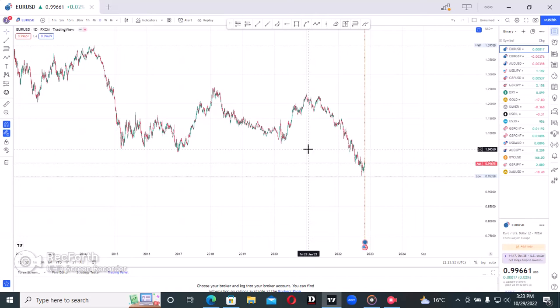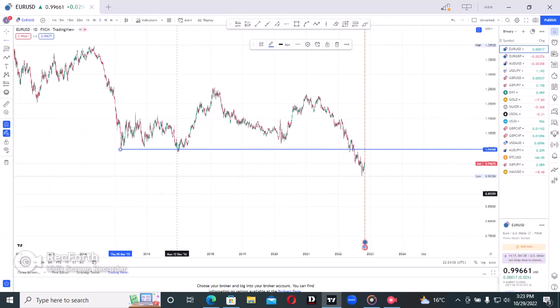I'm going to start from the daily time frame chart, and let me put a straight horizontal line here. This is the lowest level of this previous market right here. So here we have a breakout.